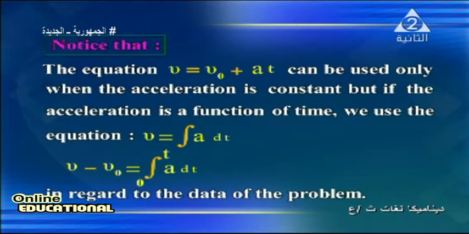Now we have two cases. If the acceleration is constant, then v minus v naught equals a times integration of dt from 0 to t. But if the acceleration is variable or a function of time t, then v minus v naught equals integration of a dt from 0 to t.